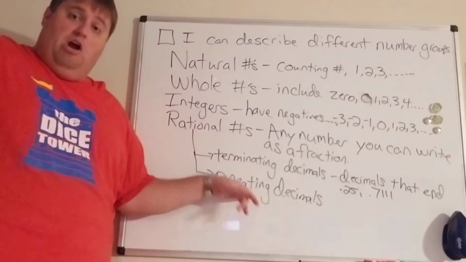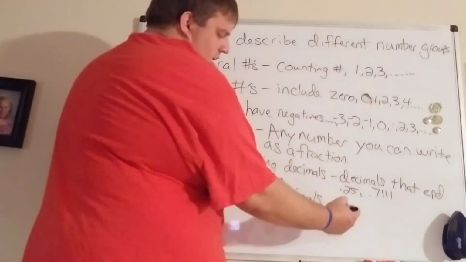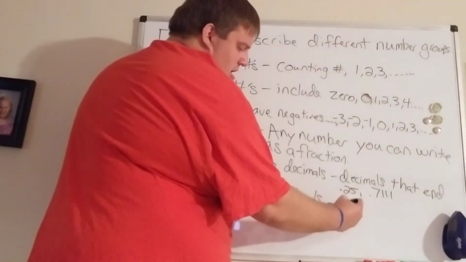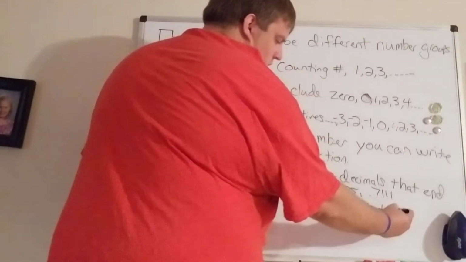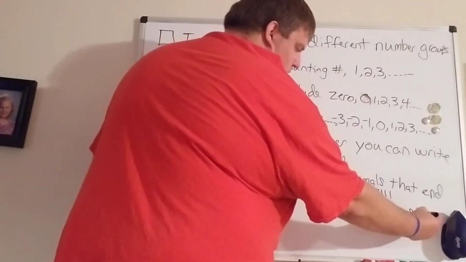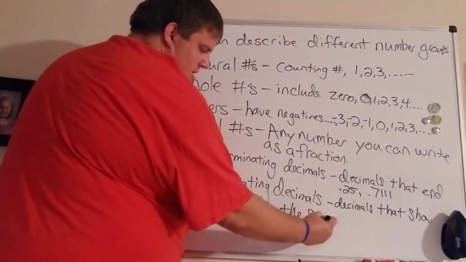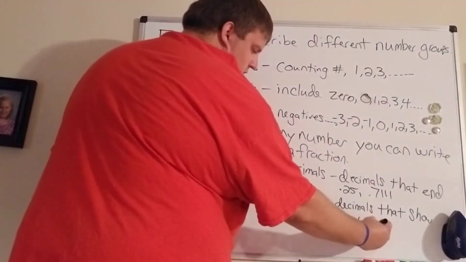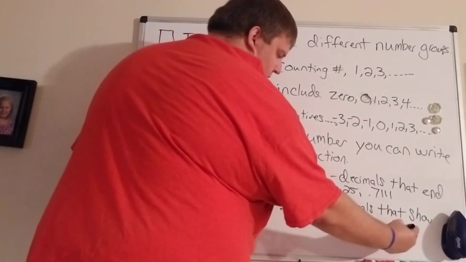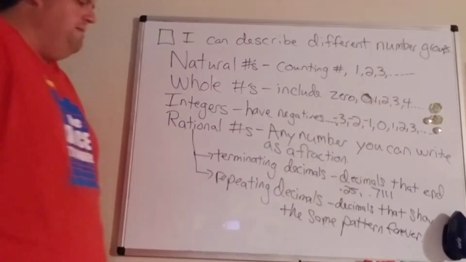Repeating decimals are also rational numbers. These, I would say, are decimals that show the same pattern forever.